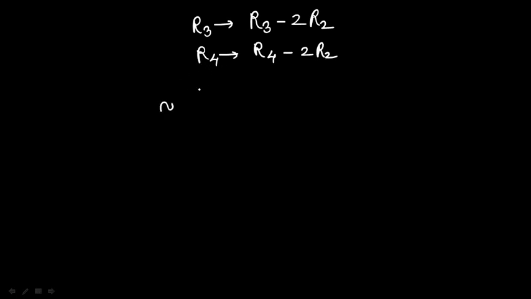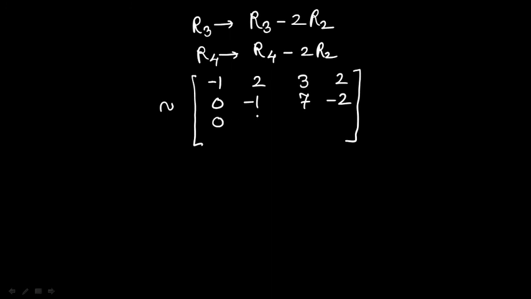Then here the first row is -1, 2, 3, -2. Then the second row is 0, -1, 7, -2 as it is. And by the row operation, we get all values 0 in the third row and the fourth row.